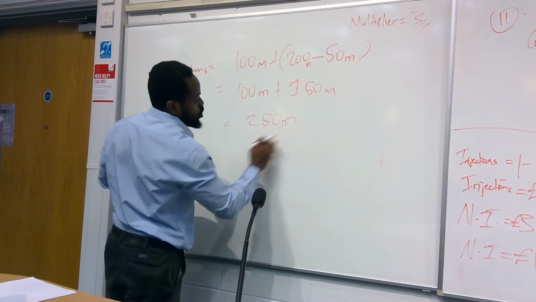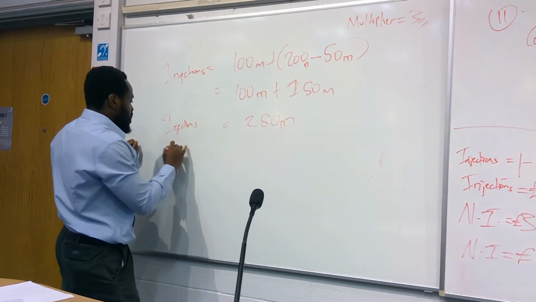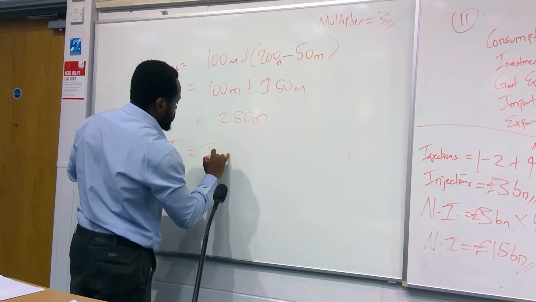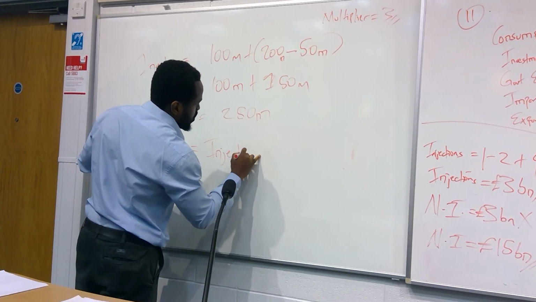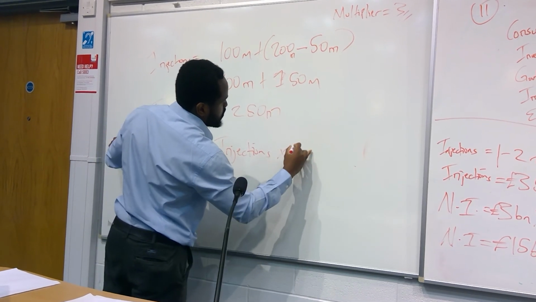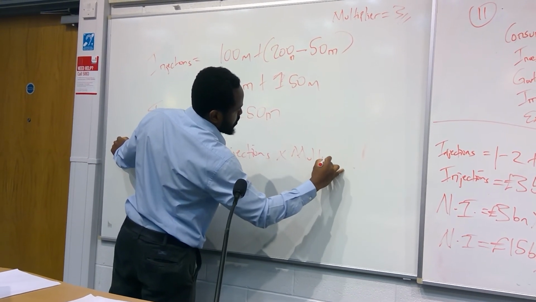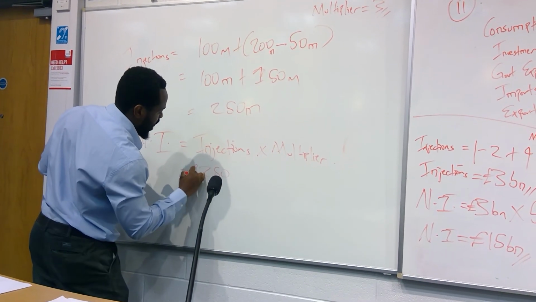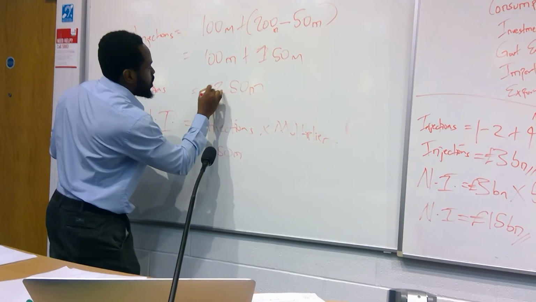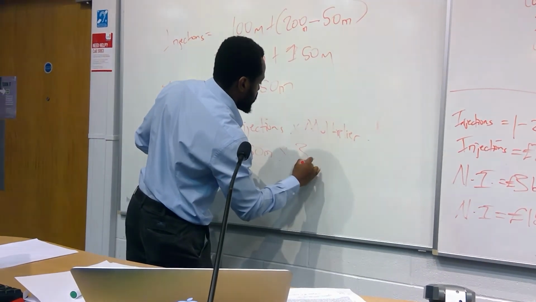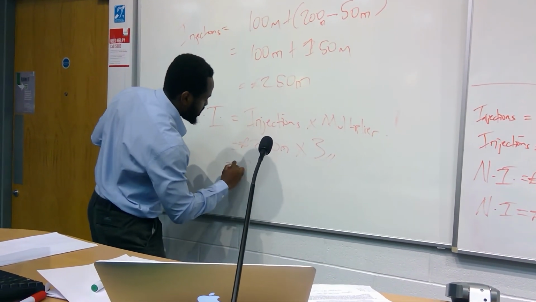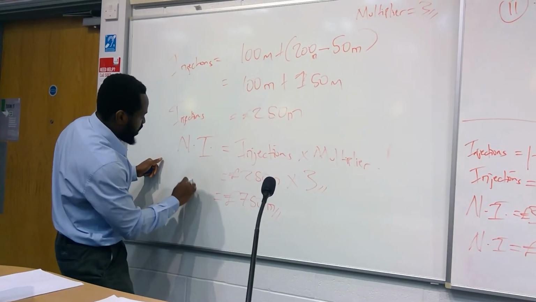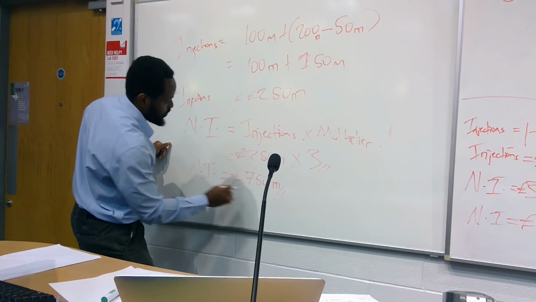Injections times the multiplier effect is simply 250 million pounds times 3, which gives us 750 million pounds. That is by how much our national income would rise.